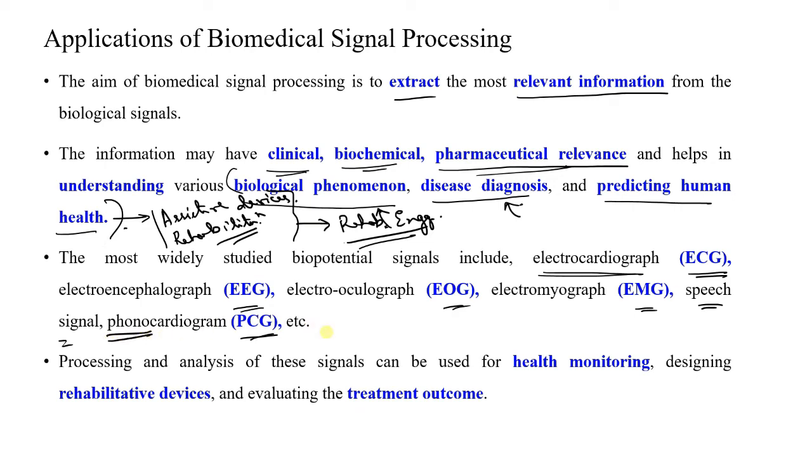So, in electrocardiograph, we have these electrical potentials. The ECG signals are being generated. Whereas phonocardiogram, if you put your ears near to the chest of another person, you will be able to hear the lub dub signals. In general perspective, we call it lub dub.